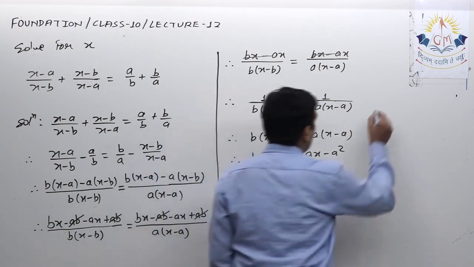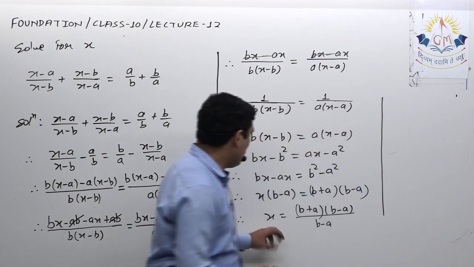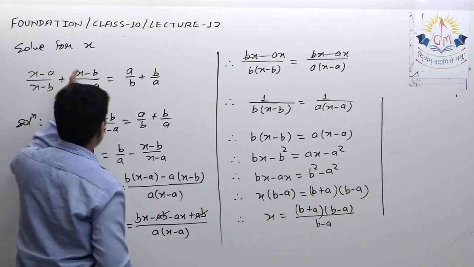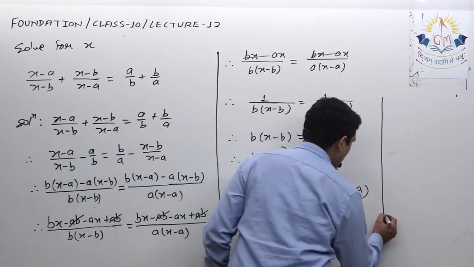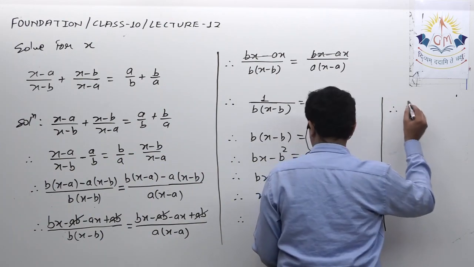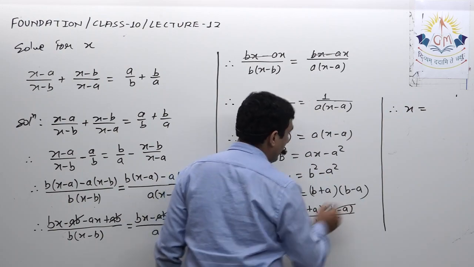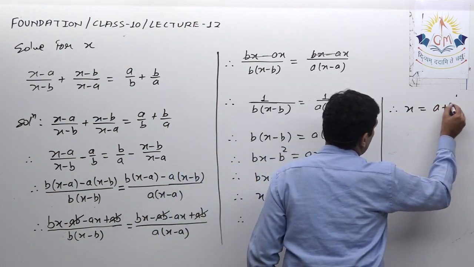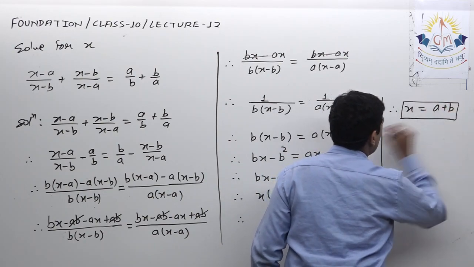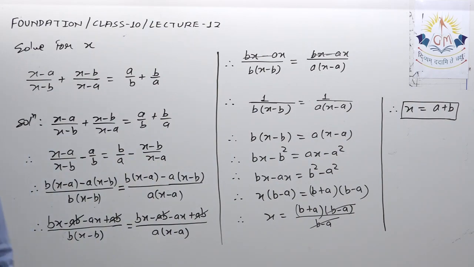After solving all this we got a linear equation, but if you solve it directly then you will get a quadratic equation, which means there are two possible values of x, but here we got only one. Here I can cancel this b minus a, so finally x is equal to a plus b. So this is my final answer. Please note it down, then we'll see the next question.